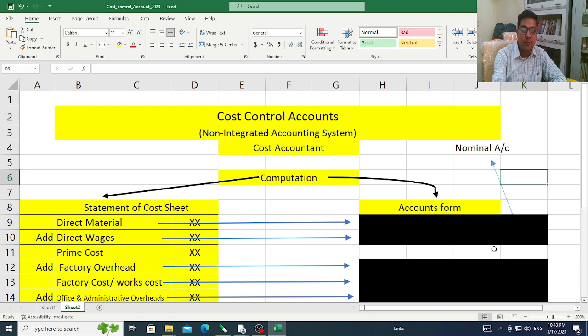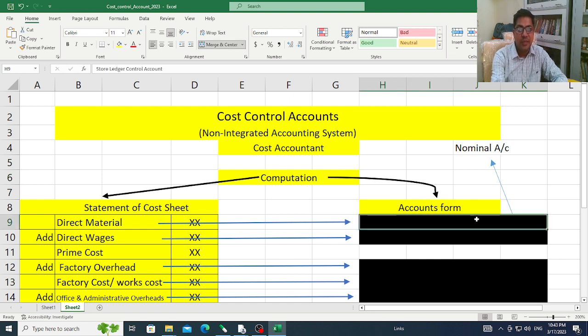When they convert it into ledgers, this ledger is called a store ledger control account.